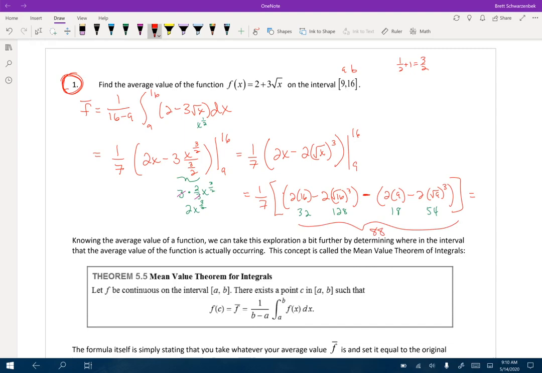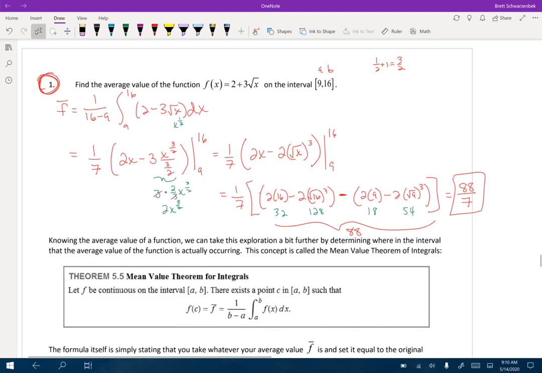So if you put it all together with this 1/7, you're going to get 88/7 as the average value of the function. This is not an application problem, so I'm just leaving it as an improper fraction, as an exact value.